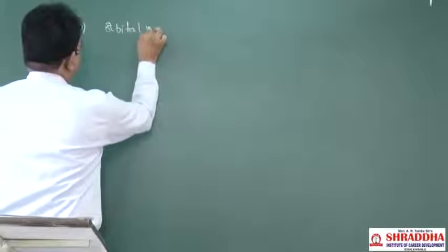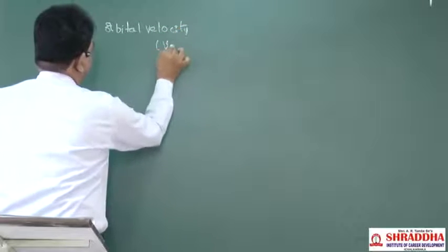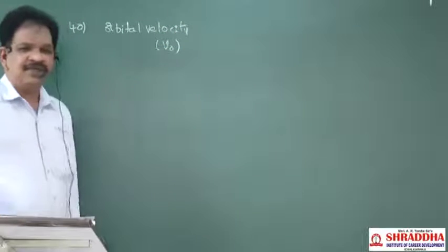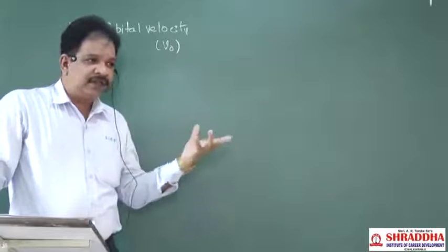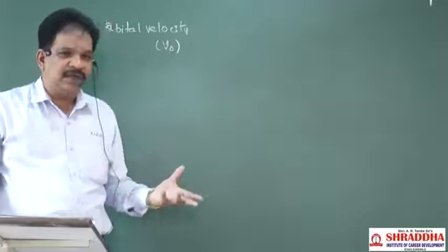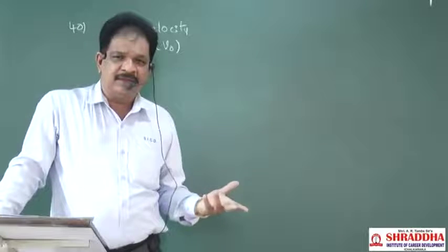Next, number 40: orbital velocity. It is indicated by the letter VO, orbital velocity. Satellites are revolving around the Earth in different orbits. So many satellites will be there.